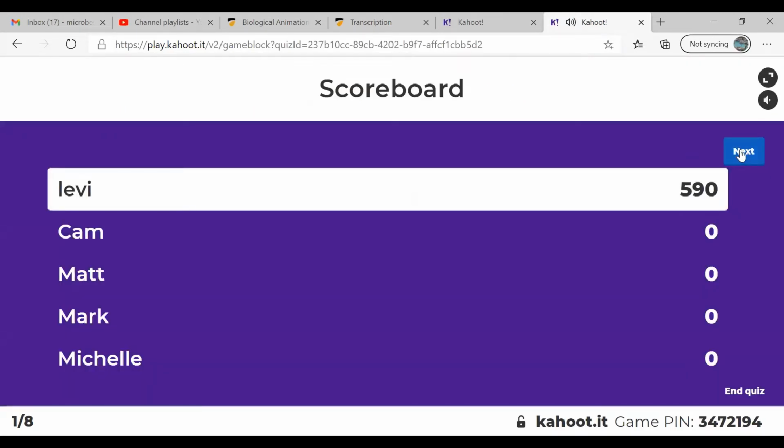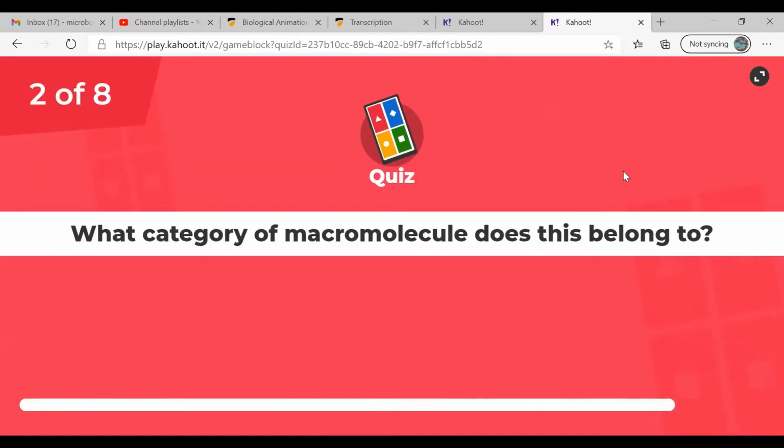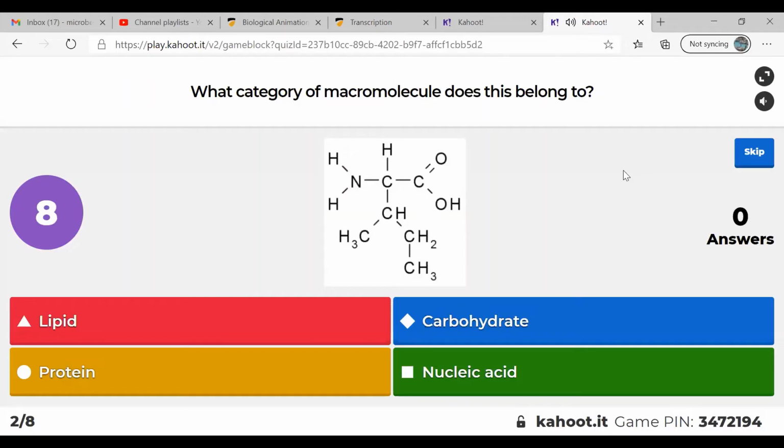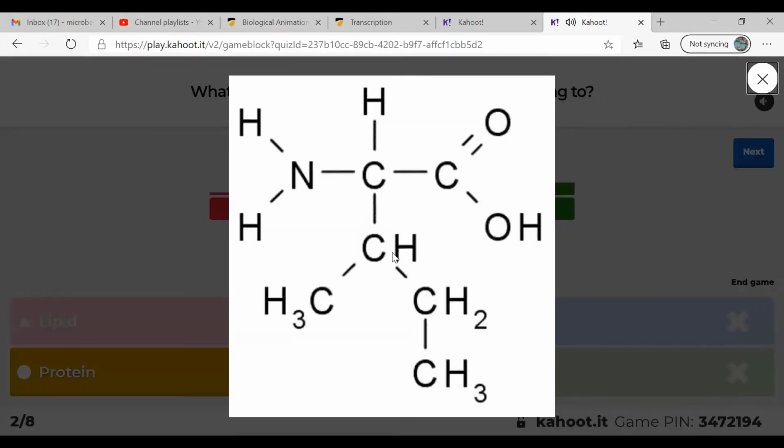All right, question 2, what category of macromolecule does this belong to? What is in there? Use your chart, take a look at what atoms you have and what functional groups. All right, I warned you this one was going to be tough. This is an amino acid.